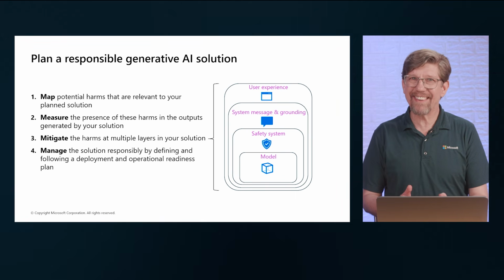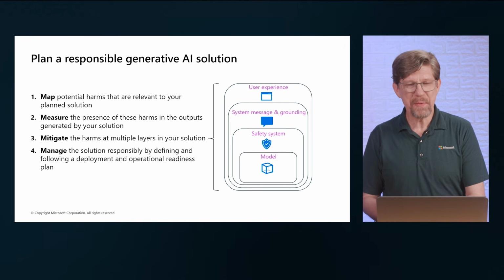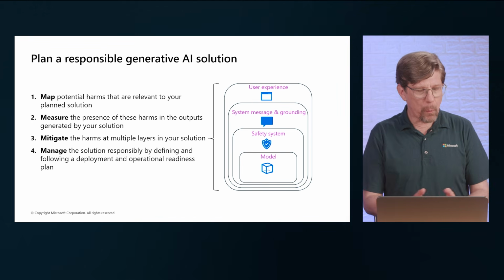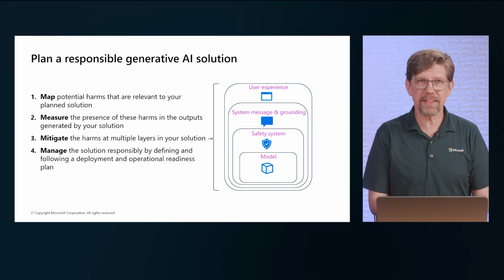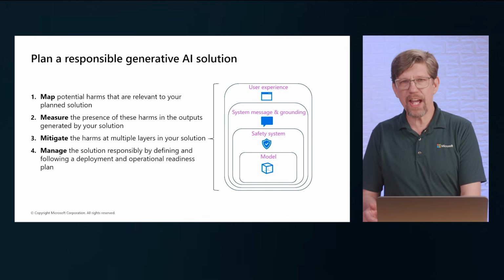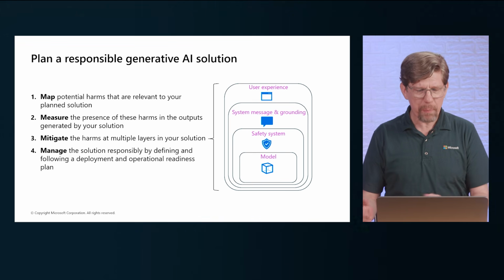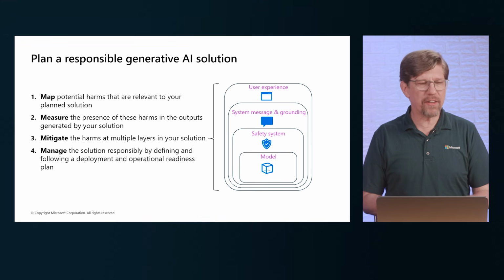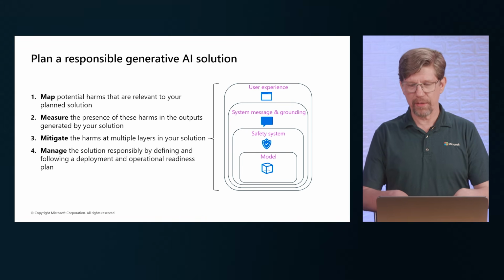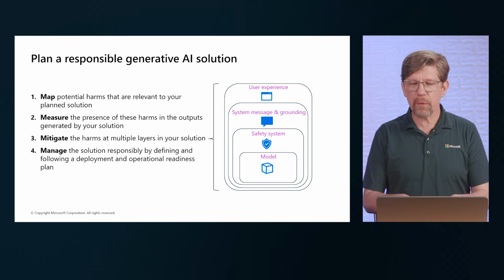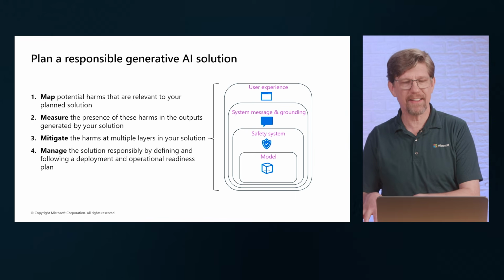How could things go badly in our application? What are the inputs and the requests that could cause the application to do something harmful? And the goal right now is just to generate our to-dos, to generate our checks, to generate the things that we know we have to be mitigating against.